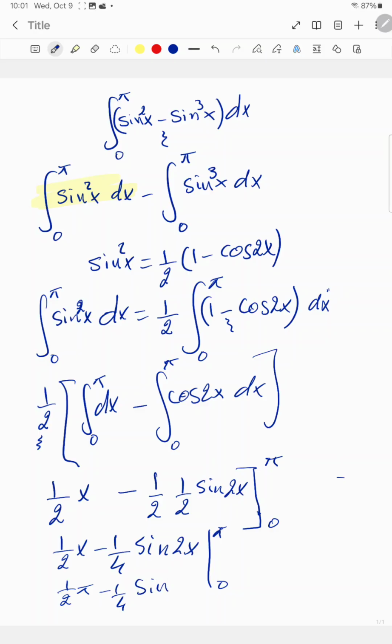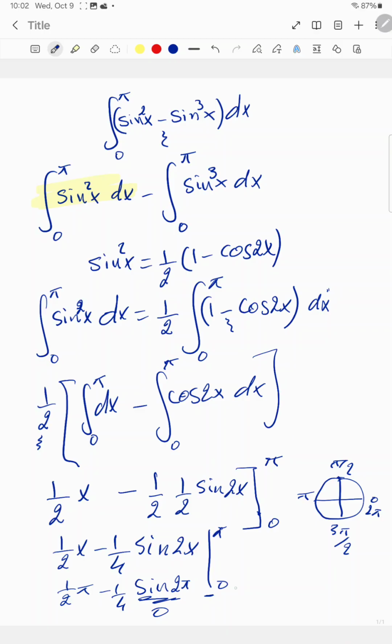Sine of 2 pi is like sine of 0, because on the trigonometric circle, this is 0, this is pi over 2, this is pi, this is 3 pi over 2, and this is 2 pi here. So sine of 2 pi is like sine of 0, and sine of 0 is equal to 0.